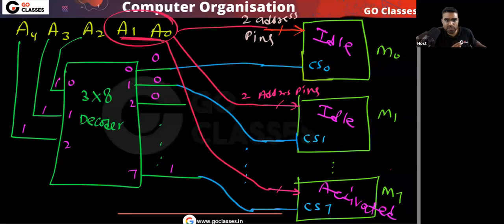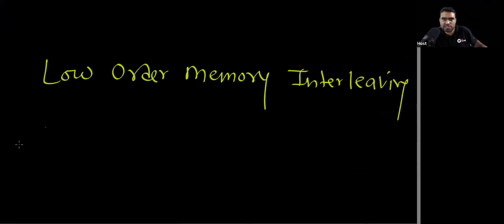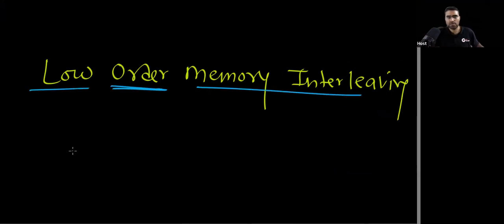But so far, what have we done? So far, we have done high order memory interleaving. Yes or no? Now let's see the low order memory interleaving. The concept you understood, right? Can I say you have understood the concept? I'm just explaining the concept, but you have already understood, right? Is this clear? Please tell me. Are you confident?